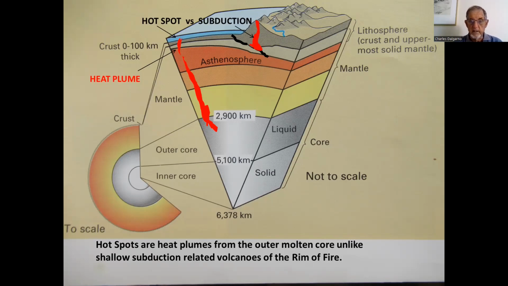And the writing here says that hotspots are heat plumes from the outer molten core, unlike the shallow subduction, which is related to subduction of oceanic crust and giving rise to the volcanoes of the Ring of Fire.